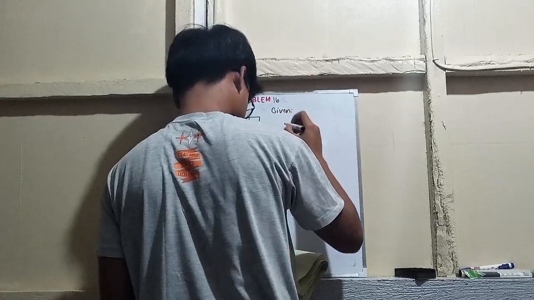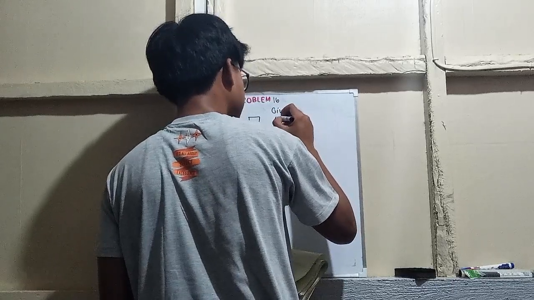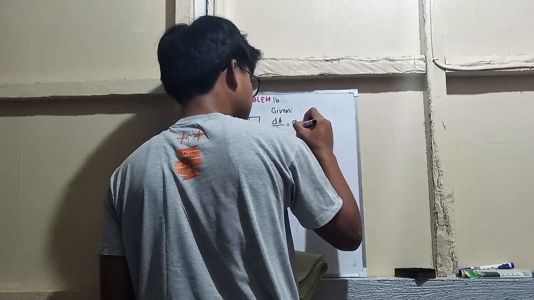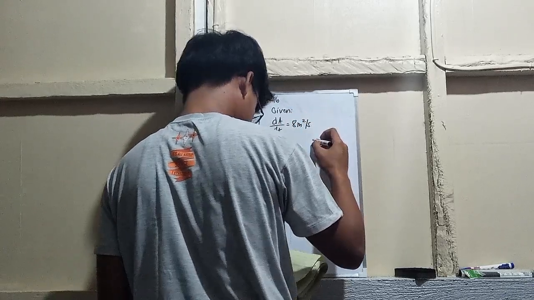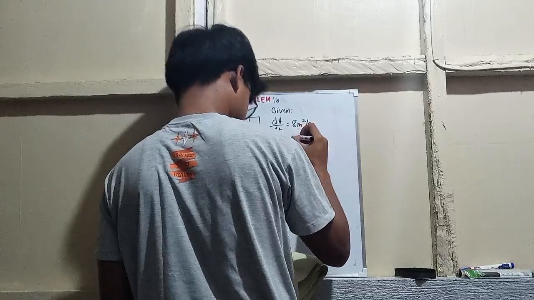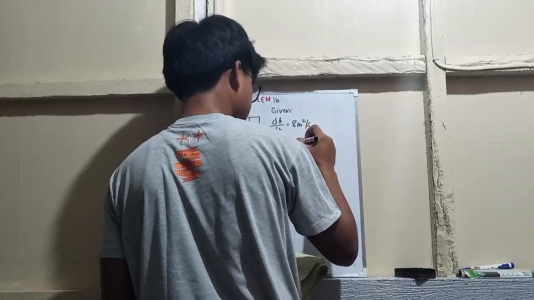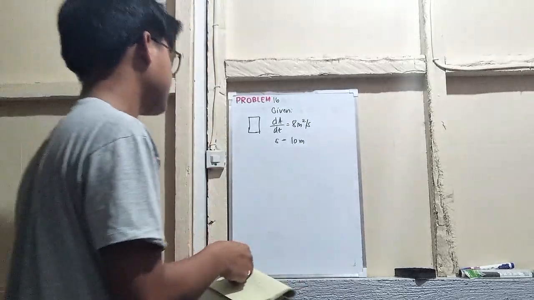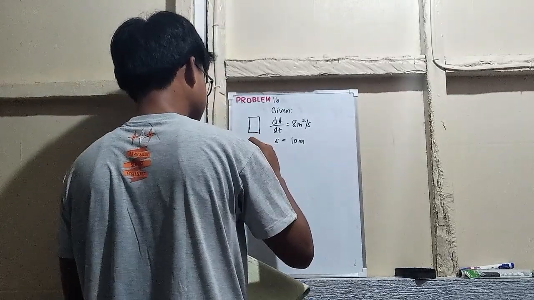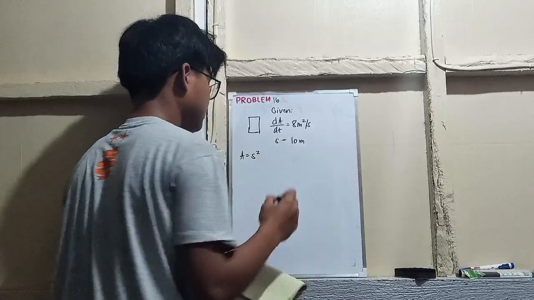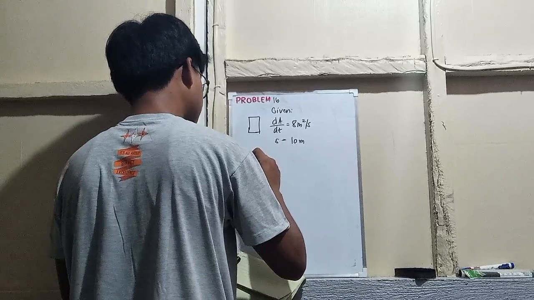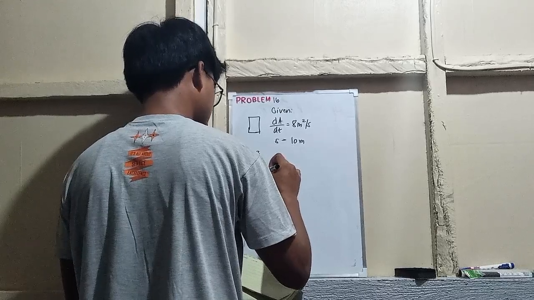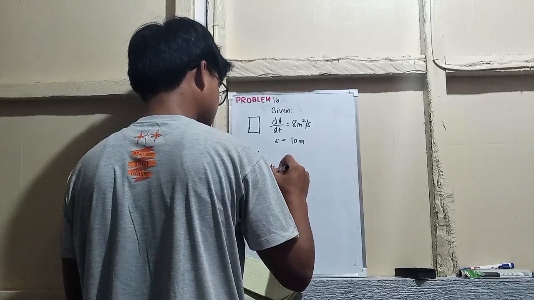So we have the rate of area as 8 meters squared per second and our side is equal to 10 meters. Now we all know that in getting the area of a square, the formula is s squared. Then we'll differentiate the formula. So we'll have dA over dt equal to 2s ds over dt.